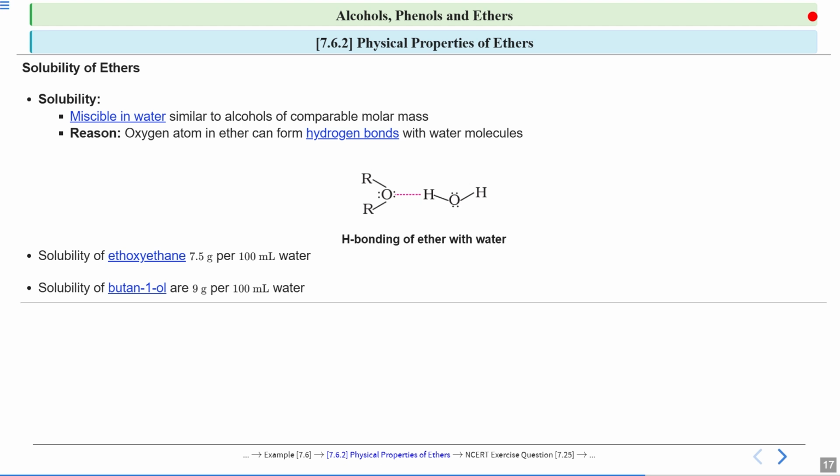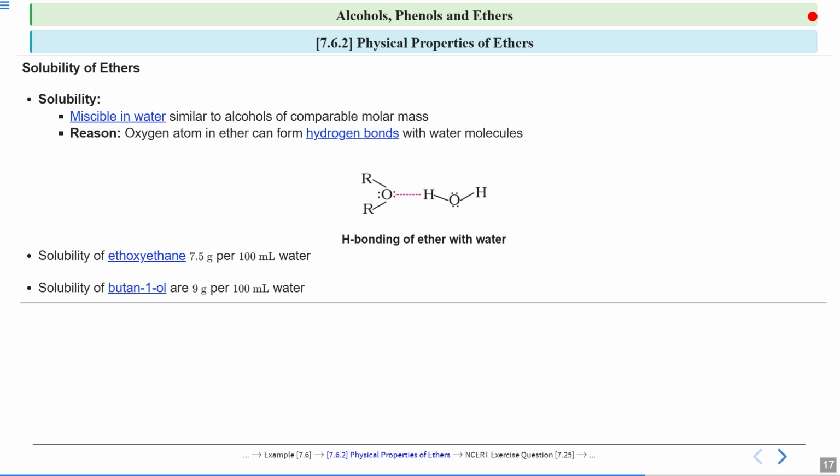But if I talk about alcohol, in alcohol there is an RO-H bond. So its oxygen can accept the electron density from the hydrogen of water, and the hydrogen of the alcohol can donate electron density to the oxygen of the water molecule. So in alcohol it works both ways, it can accept and it can donate. So it forms better hydrogen bonding than ether.